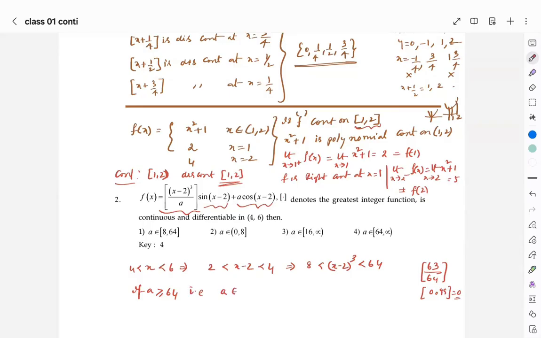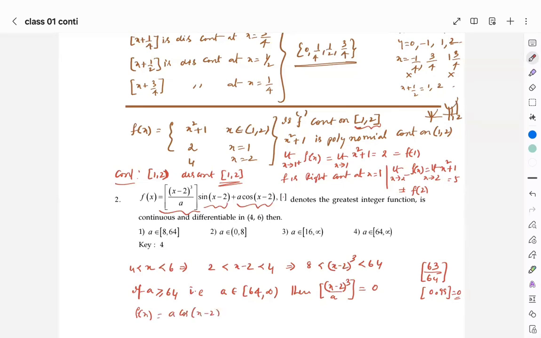That is, a belongs to 64 to infinity. Then step of x minus 2 by a whole cube will be 0. Then the function will be left with only a cos x minus 2.